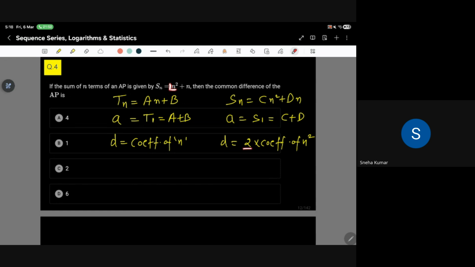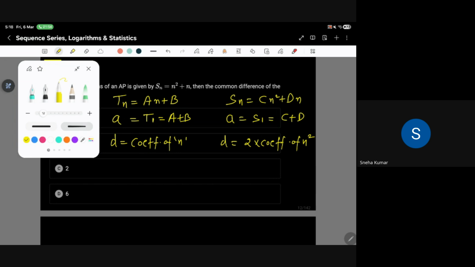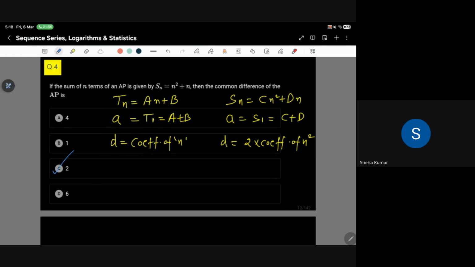So 2 times 1 is the common difference. So this will save your time. Okay, just remember this. And this comes from generalization basically, it's not like there is a short trick. Okay, yes, any doubt here in this?